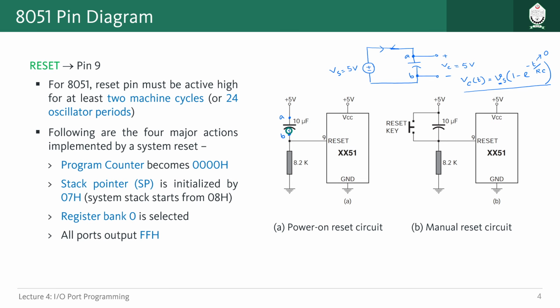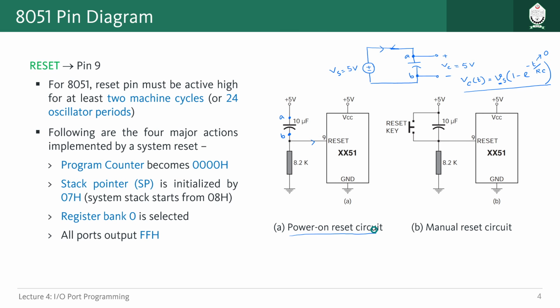We can calculate the capacitor value and also the resistor value so that the time is long enough for us to get, for at least 2 machine cycles, the logic high we need for this reset pin. Understand? This is how we are going to design this power on reset circuit.